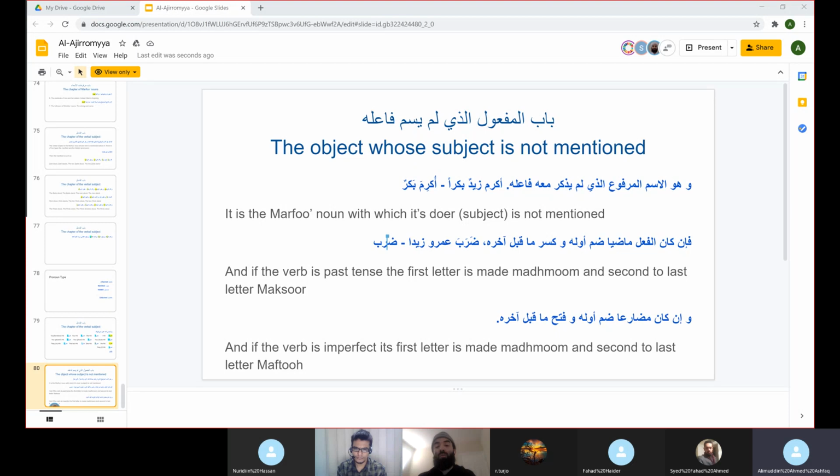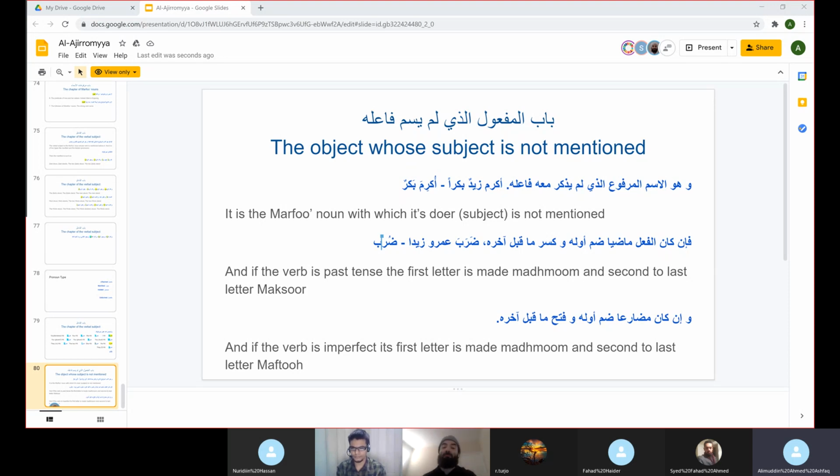Dhamma, right? The second to last letter, which is the ra in our example, is made maksur. So you give it a kasra, and the last letter remains the same: doriba. Now here, you cannot mention the subject anymore. So you just say doriba zaydun. You're only mentioning the object, but you have given it an inflection of rafa.